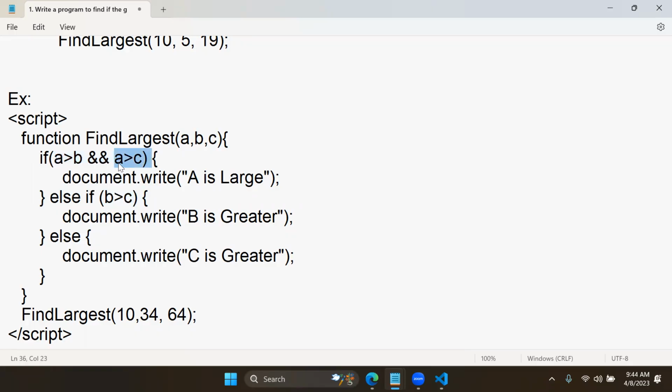If A is not greater than C, that means C is greater. And if B is greater than C, then B. Otherwise, C. This makes it simple. You don't need to write an and. All of you have written that, right?